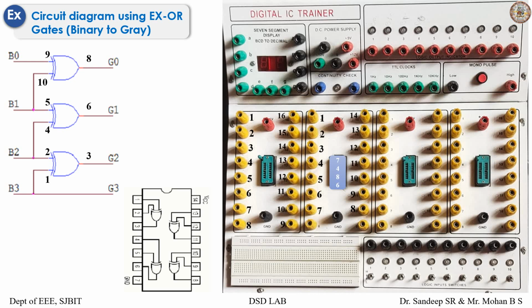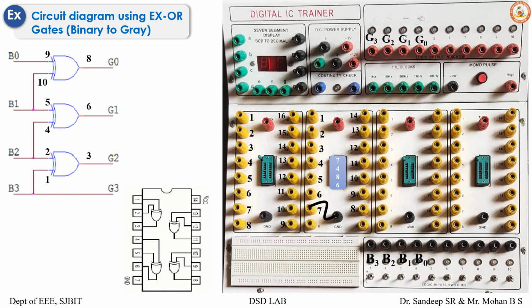For the purpose of understanding, I've used the second one. You can also use the first one if you connect them correctly. These are the input ports B3, B2, B1 and B0 and these are the output ports, respectively G3, G2, G1 and G0, the gray codes.